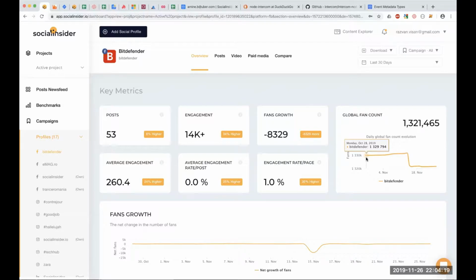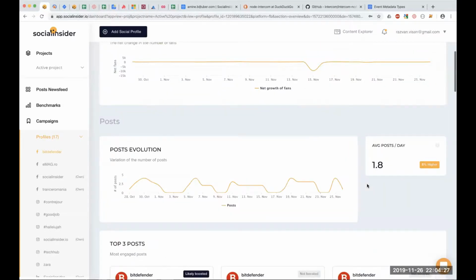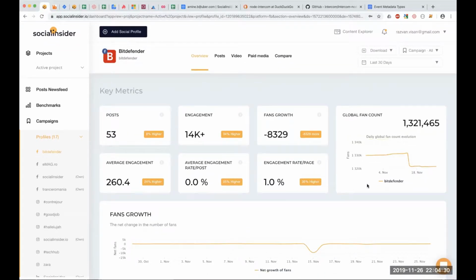But if it's a new page, that means we will only have the fan count from today onwards. So what does this mean for all of these charts? Let me show you the charts that are affected by the fan count being only available from that day on.